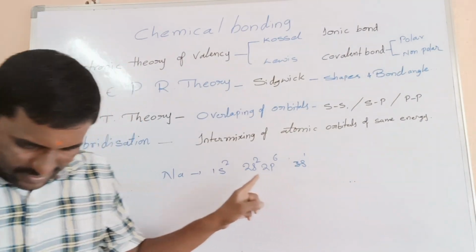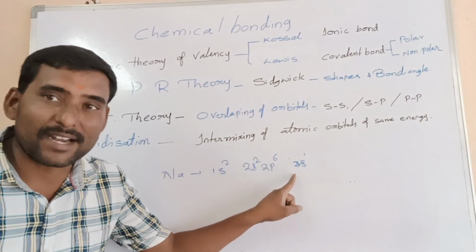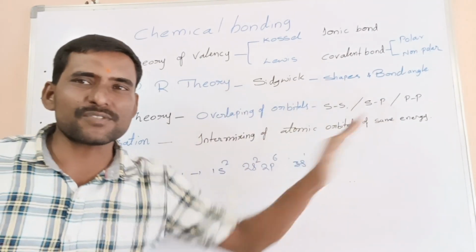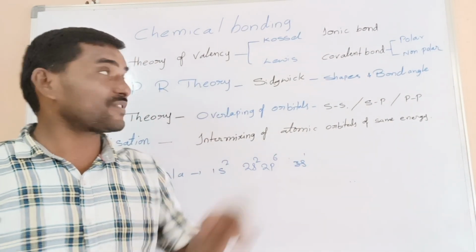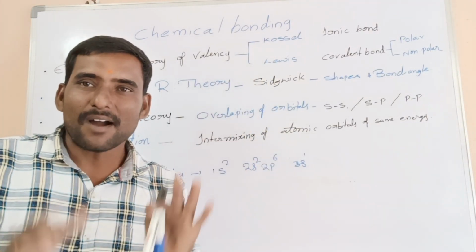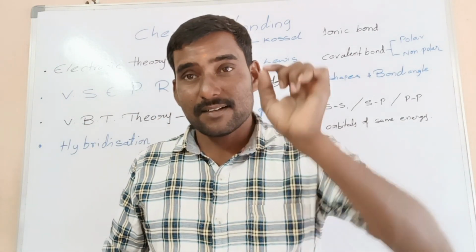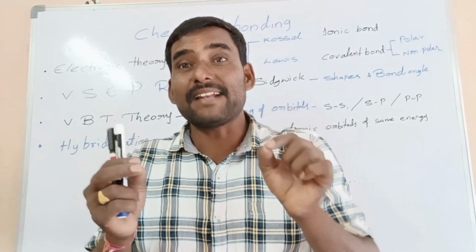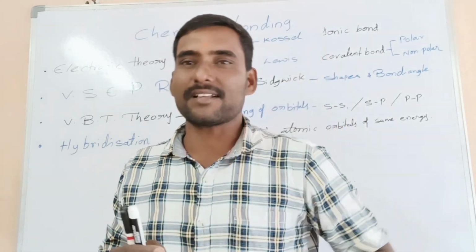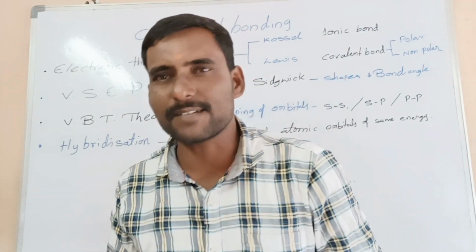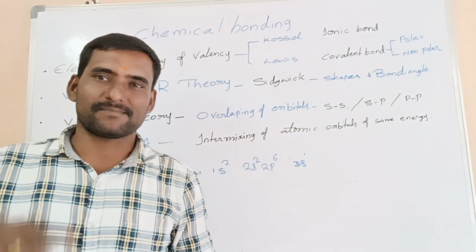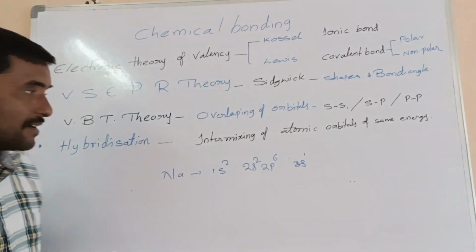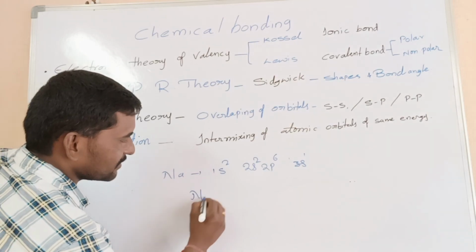So here the valency electrons are 1. If it loses one electron, it can get the octet, which was given by Kossel. Octet principle means an element containing 8 electrons in its last orbit. If it gets the octet, it can get stability.